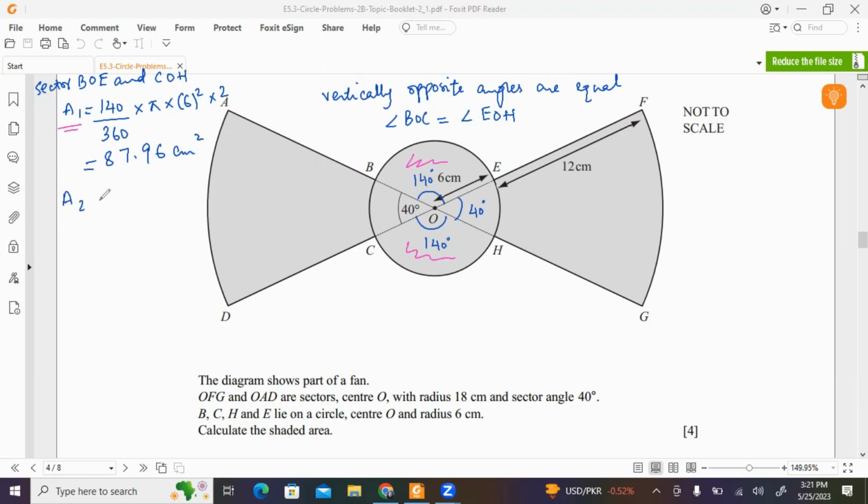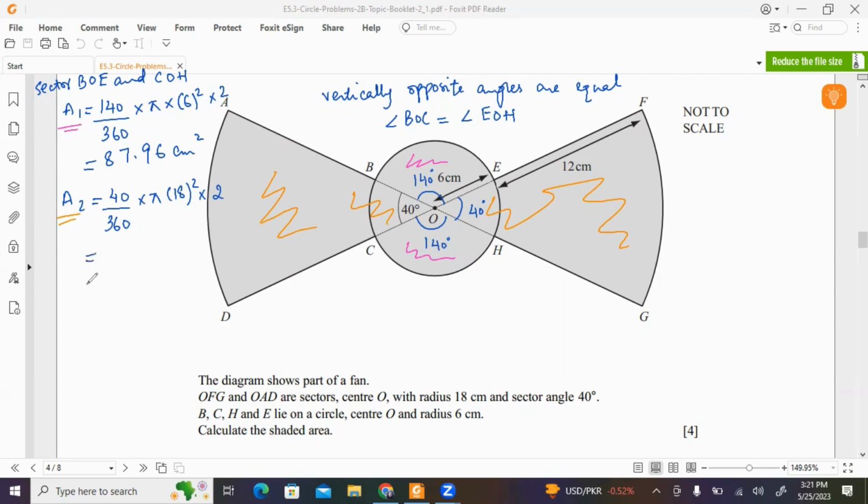Now, area 2 is going to be the area of both of these sectors. That's going to be 40 over 360 times pi. Now, the radius for the biggest sector is 18. So 18 squared and then times 2 again, because we're trying to find the area of both the identical sectors, which are OAD and OFG.